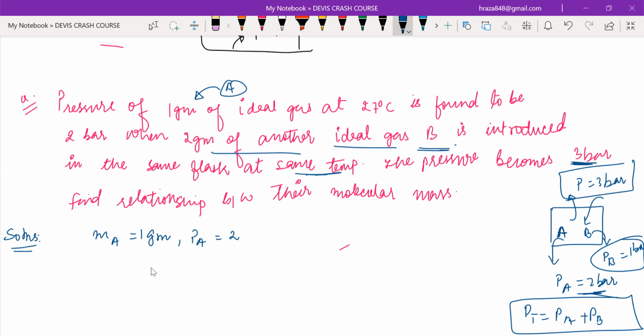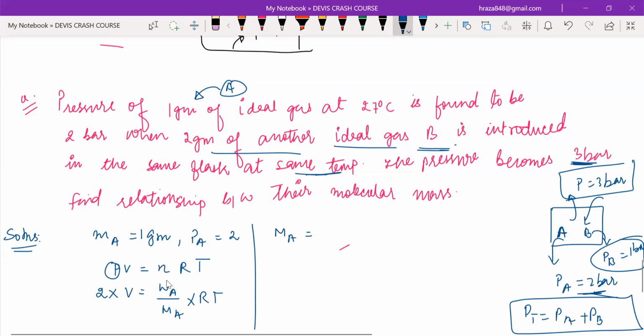So now you are going to apply the formula PV is equal to nRT. Now you know pressure is 2, volume V because they are in the same flask, and here given mass of A upon molar mass of A into R into T. So I can write WA, that is 1 gram given, so I can take it as 1, that means RT upon 2V.